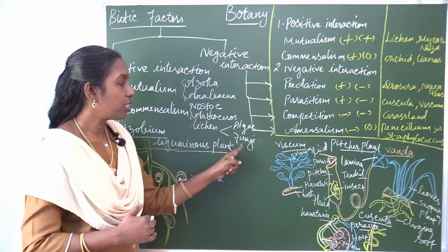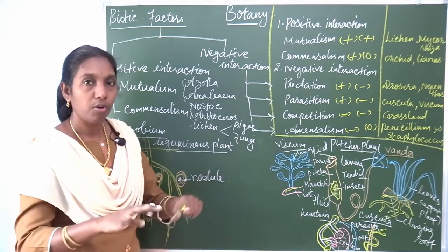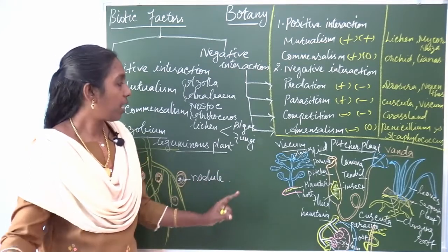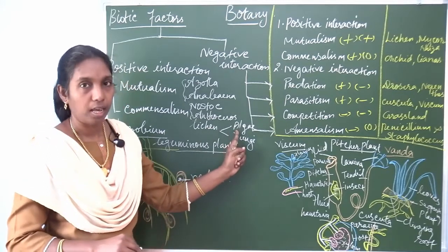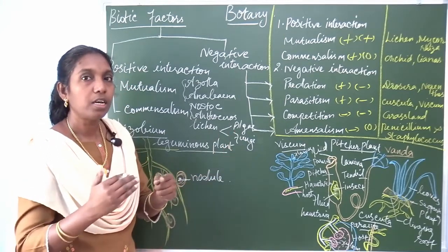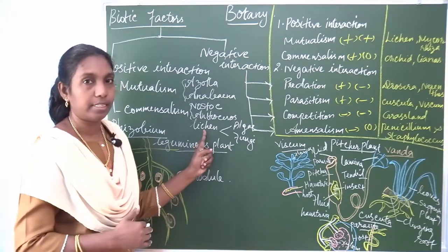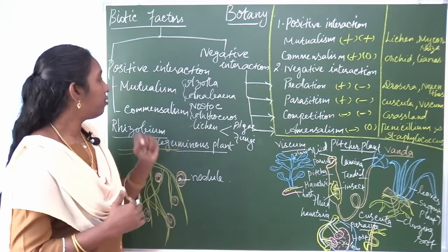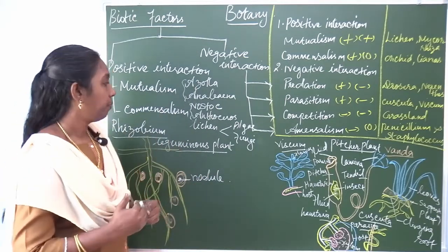The alga supplies food to the fungus, and the fungus, with its interwoven, profusely branched hyphae, collects water and gives it to the algae. So this type of symbiotic association is lichen. That also is a positive interaction that comes under mutualism. These all examples are mutualism.